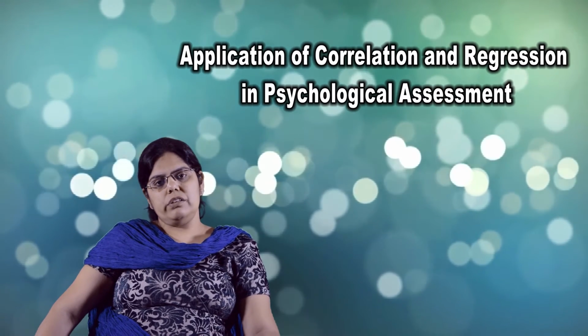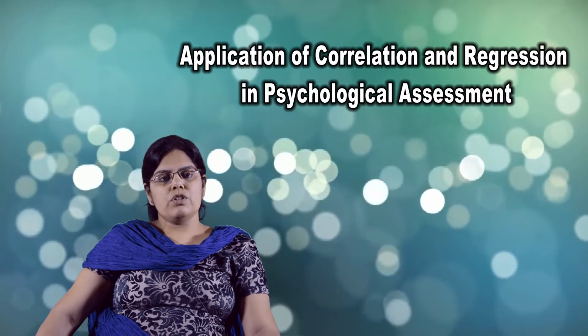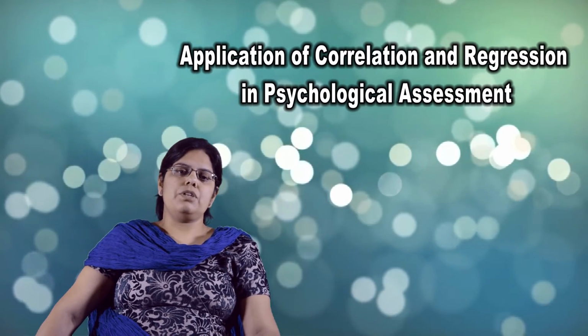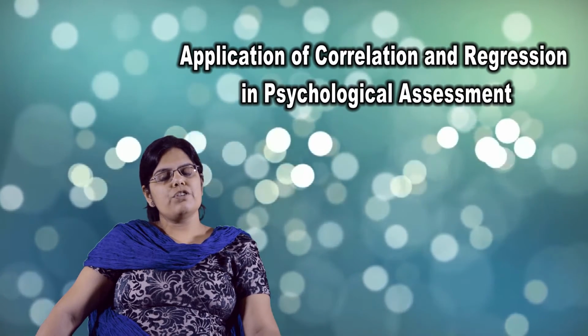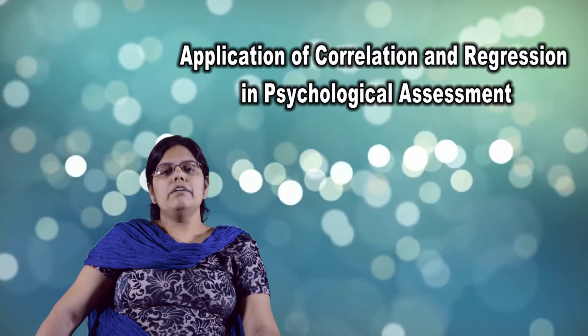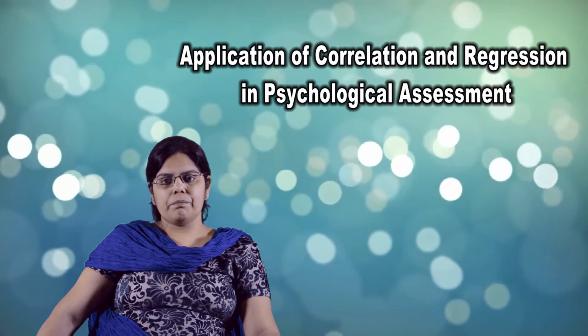Reliability of a psychological test, that is, the consistency in test scores over repeated administrations, is also established by computing the coefficient of correlation between the scores on initial performance and performance on the same test at a subsequent time.